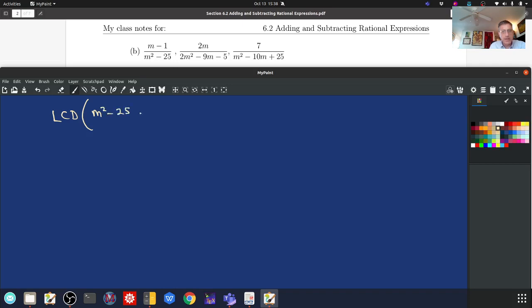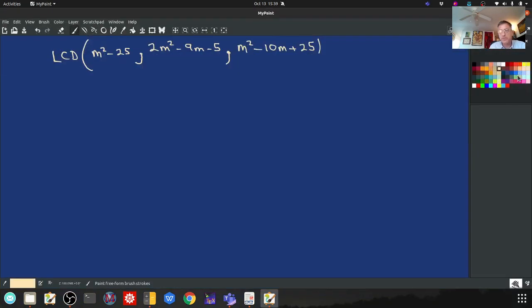I hope you already can see there's an easy factorization. 2m squared minus 9m minus 5. We'll have to factor that one, and it will have a factorization. So you can see now that there's plenty of opportunities for you to strengthen your factorization skills. This last one should also be pretty easy too.